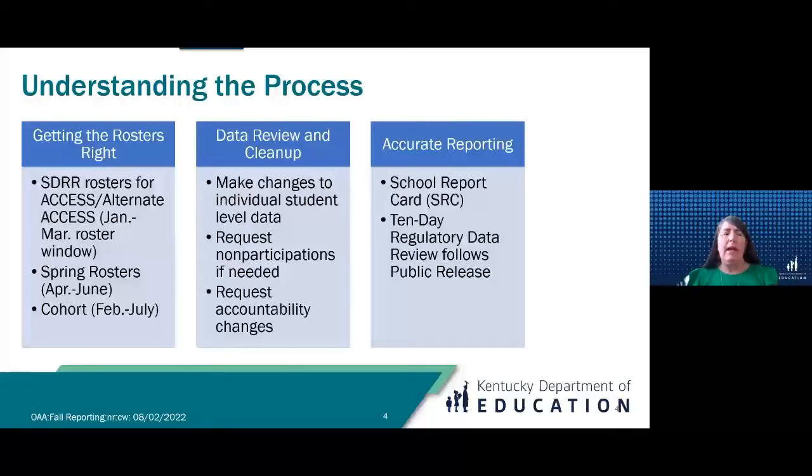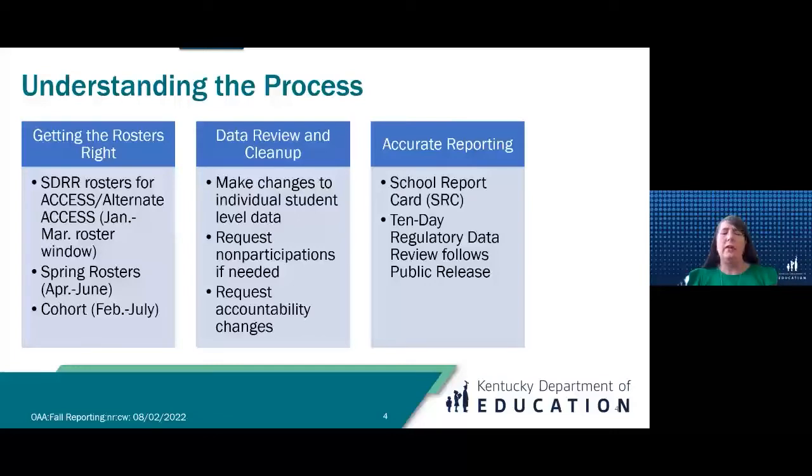And then when that closed in March, we opened those rosters back up along with the spring rosters, and that was for our AKSA, our KSA, also for ACCESS, Alternate ACCESS, and for our post-secondary readiness.